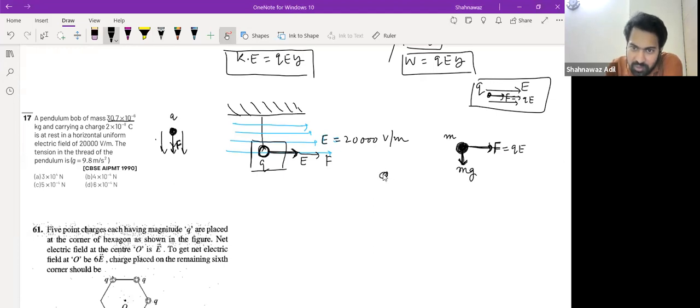So you have this force which is acting in this direction, let's say F1, and this force which is acting in this direction. These are two vectorial forces. So what would be the resultant force, Aisha? F1 square plus F2 square. So this would be the resultant force, right? Yes. So this is the resultant force that is acting on this.